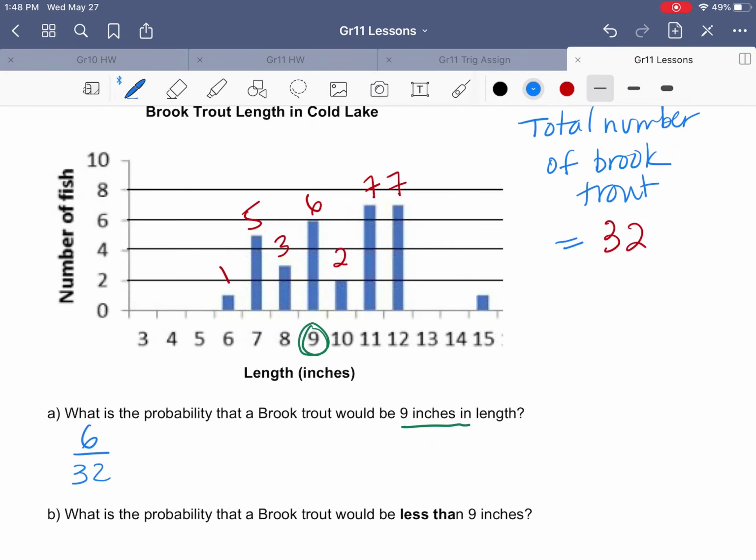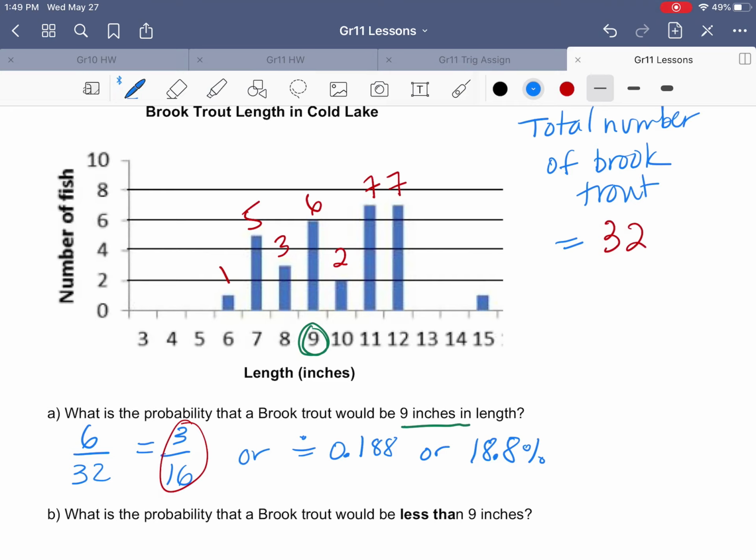We'll practice our decimals and percentages. As a reduced fraction, 6 and 32 can both be divided by 2, which gives us 3 over 16. And 3 divided by 16 is approximately 0.188, or as a percentage, 18.8%.